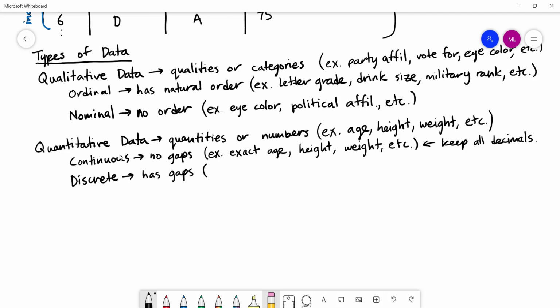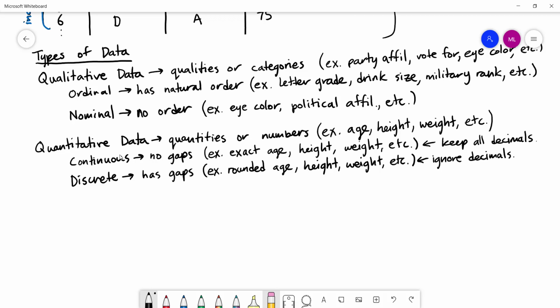I'm 68 inches tall, 5'8". We will round to the nearest inch. So if you look on your driver's license, it's to the nearest inch. It's to the nearest pound for your weight, and so on. So if we're talking about rounded, and often we're dealing with these as rounded age, height, weight, etc., where we don't keep all the decimals, or round it off after only 1 decimal or something like that, that would be discrete.